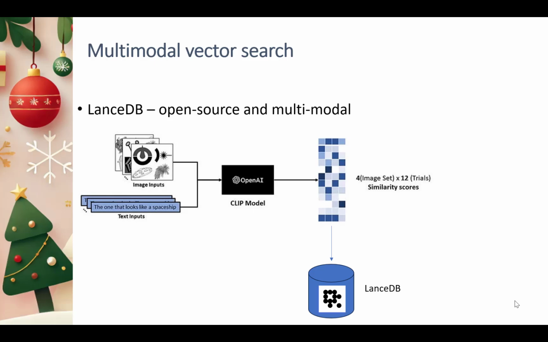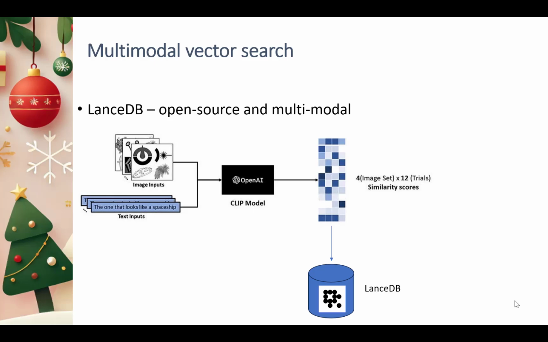So maybe you have 50 text inputs and you have 100 images, and then you are creating text embeddings and image embeddings, and then the CLIP model itself will provide similarity scores.